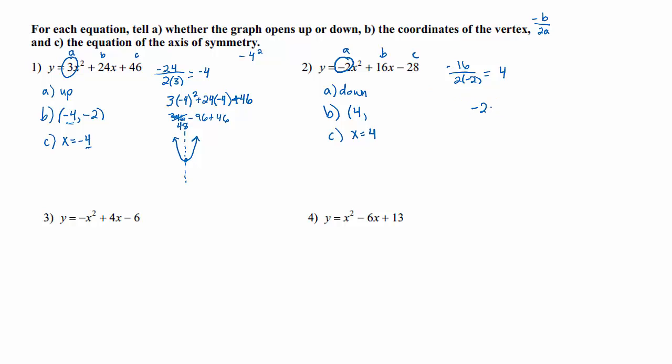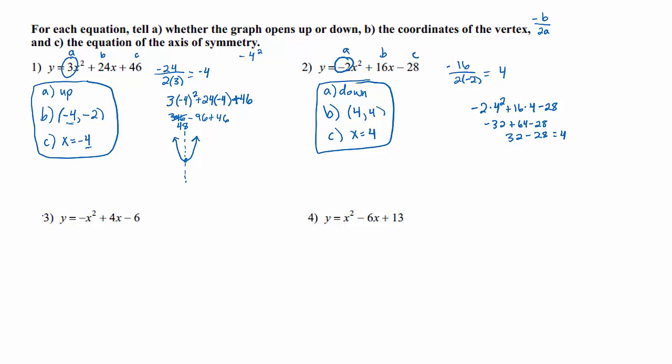So I plug in 4, and get -32, because it's 16 times -2, plus 64 minus 28. So this is 32 minus 28, which gives us 4. So that is our vertex, 4, 4.